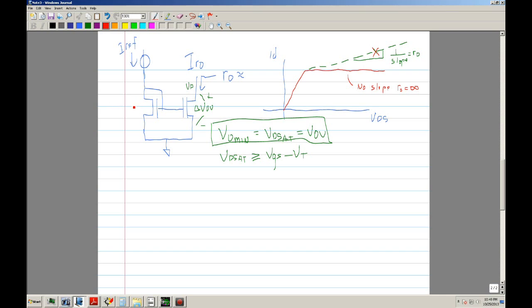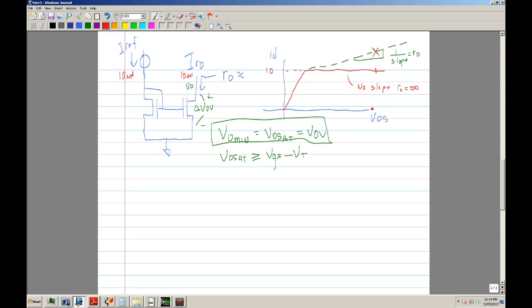Let's pretend that they're both equal, and let's say this is 10 microamps, and this is also 10 microamps. Okay, let's say at this point, that means that this is 10 microamps.